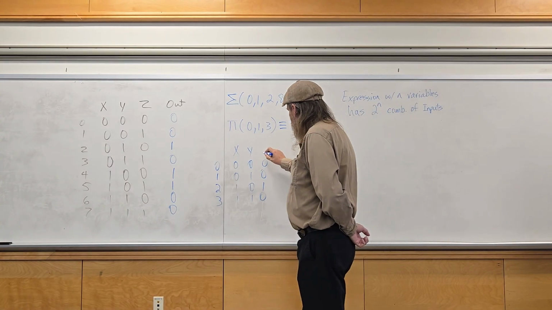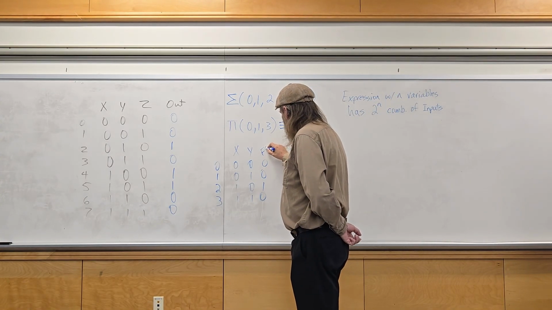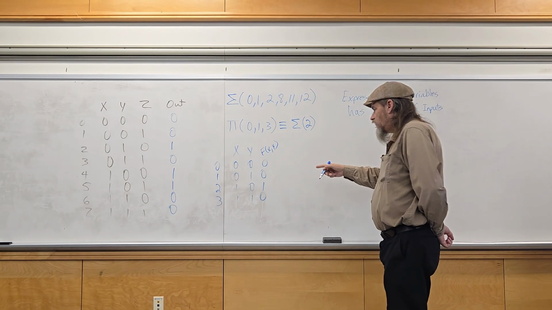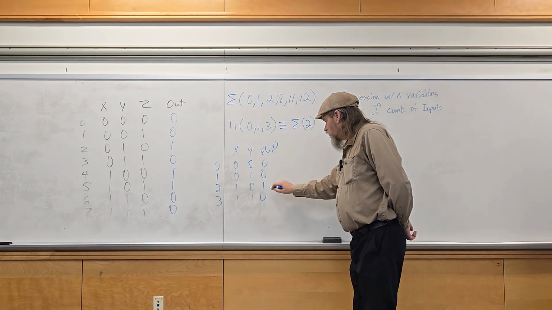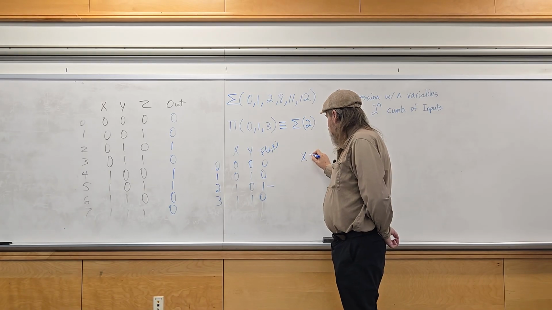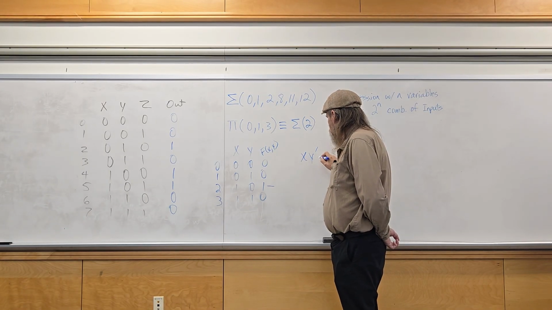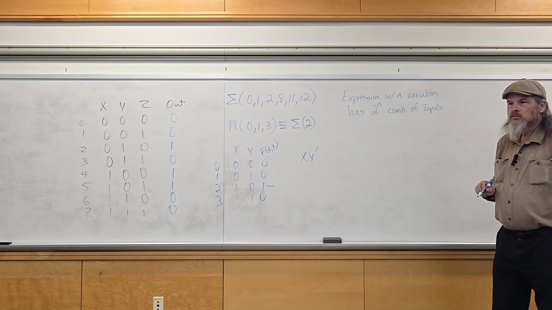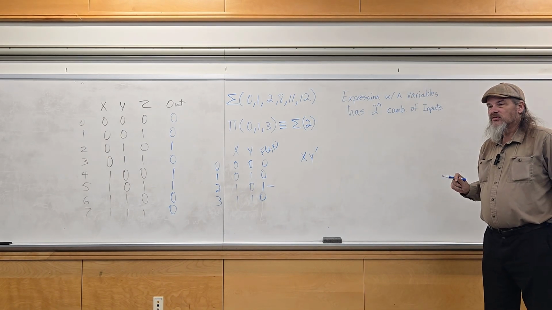This is f of x and y. And you would have just this term here, x, y prime. Obviously, that can't be reduced any further.